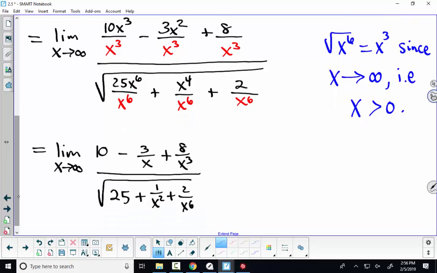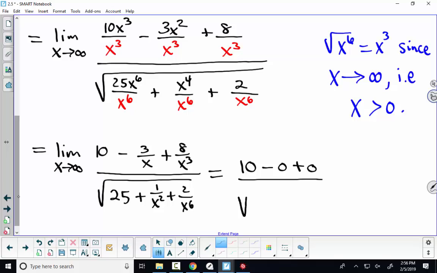And then we just compute the limit as x goes to infinity. 10 stays 10. What does 3 over x approach? 0. Plus 8 over x cubed approaches what? 0.